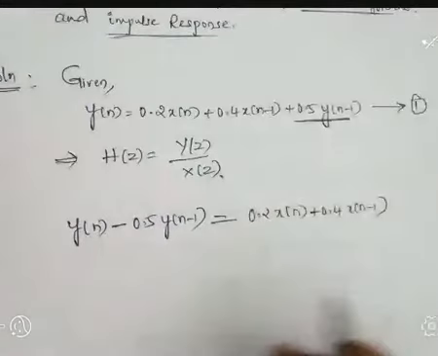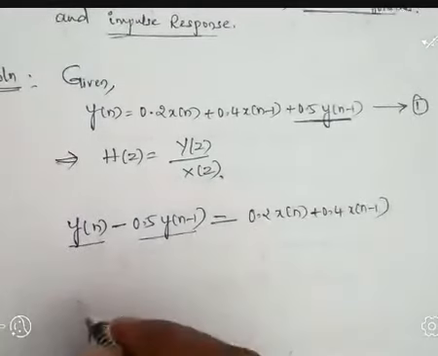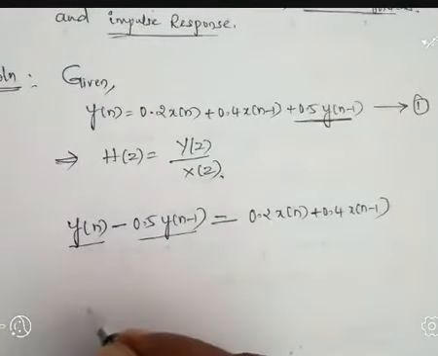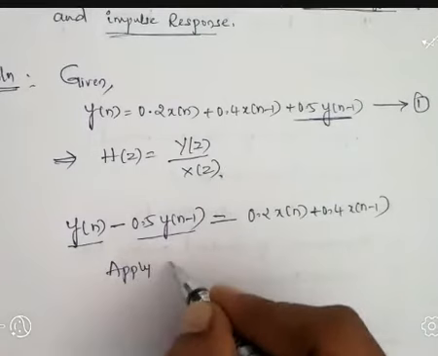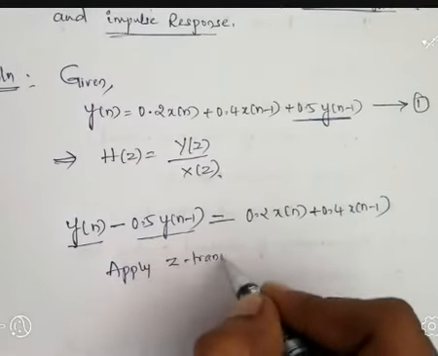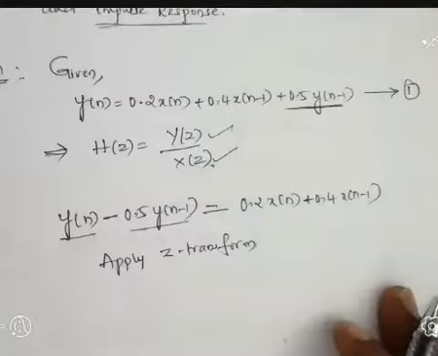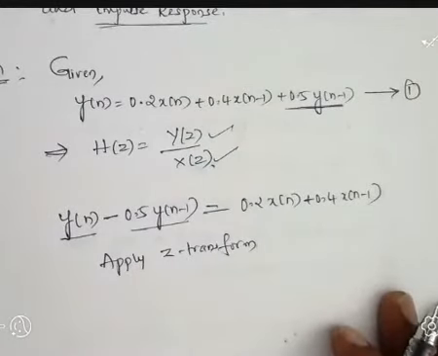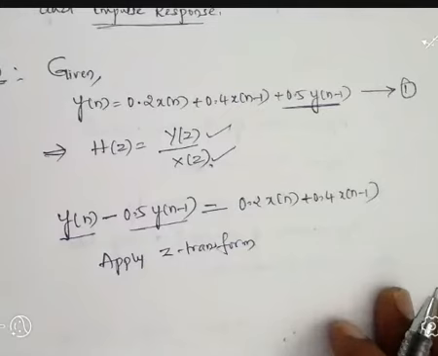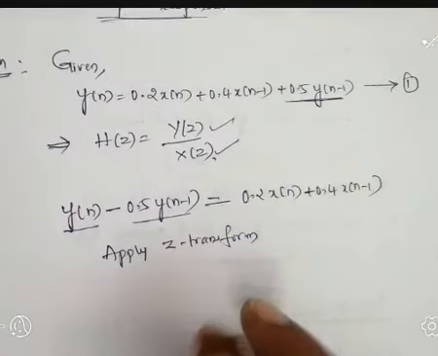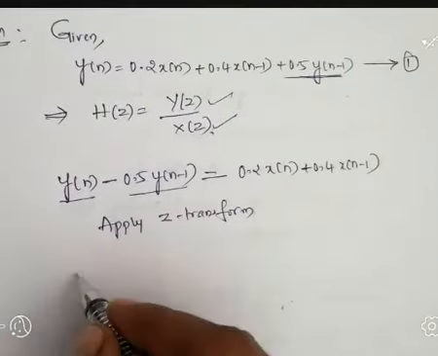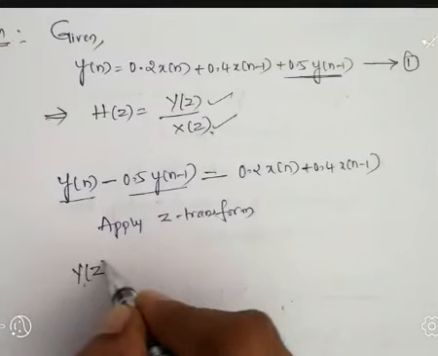Now I will apply the z-transform, because I have to express this in the z domain; the transfer function is the ratio of output by input. So apply the z-transform to the above equation. What happens? Y(z) minus 0.5.